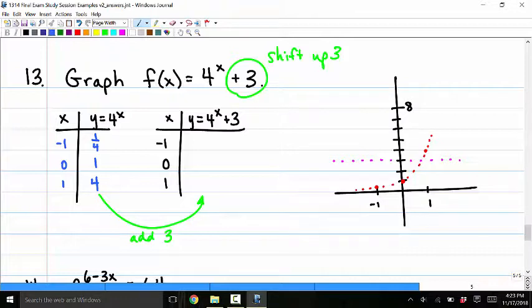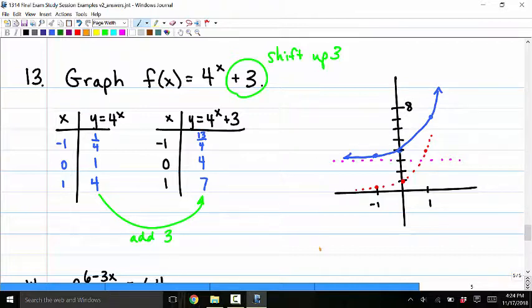When you do that, 1/4 plus 3 is 13/4. 1 plus 3 is 4. 4 plus 3 is 7. So I have the point negative 1, 13/4, 0, 4, and the point 1, 7. So my graph looks like this.